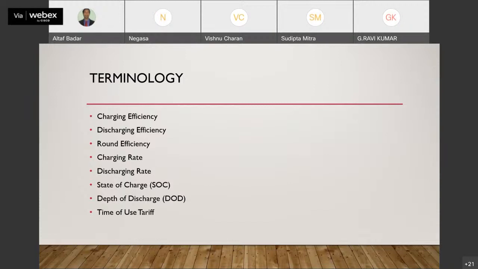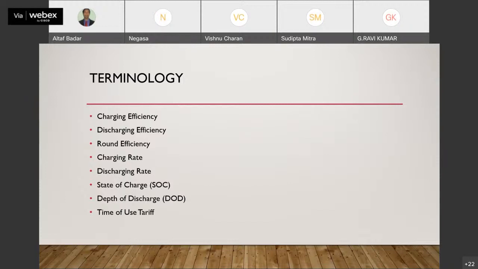Usually, whenever you go through different research papers, you will find that the state of charge is considered to hover around 0.2 to 0.9. The battery should not be discharged below 0.2 and should not be charged above 0.9 of its capacity. That is state of charge. And depth of discharge is another way of representing the state of charge itself.